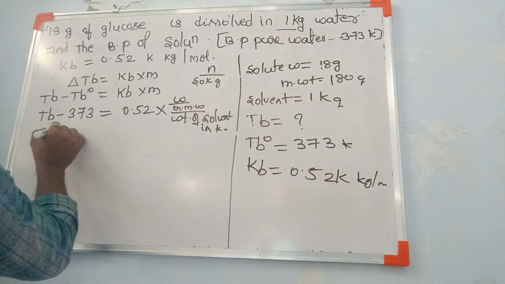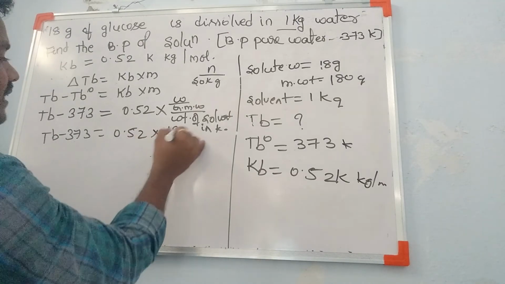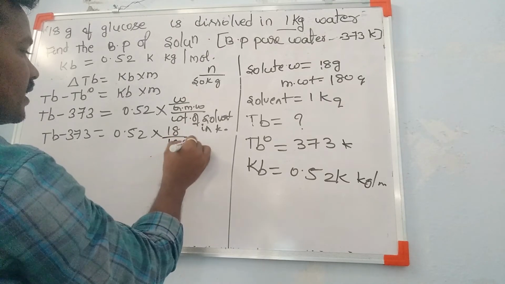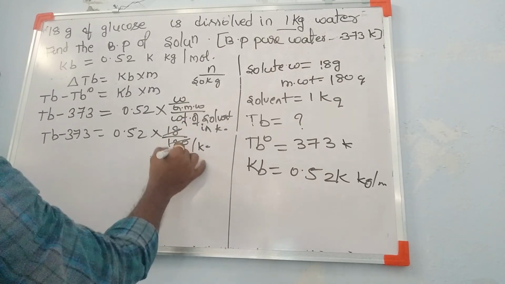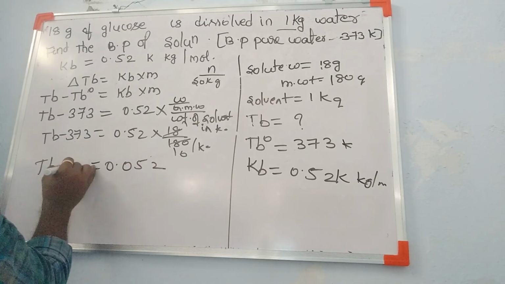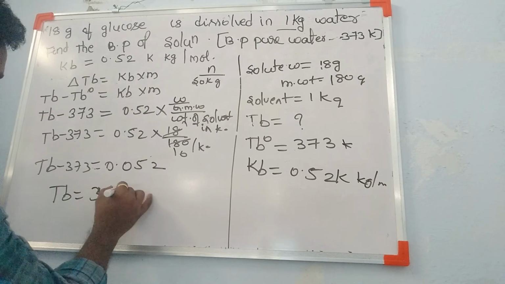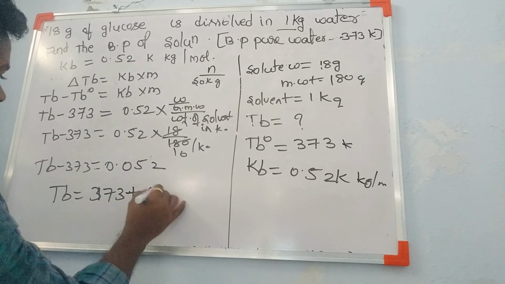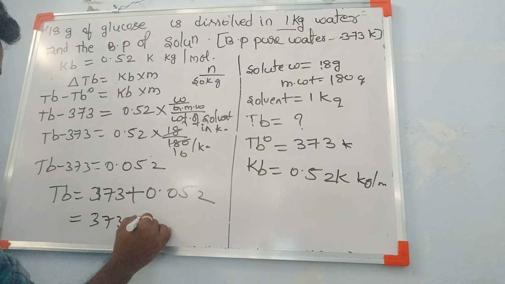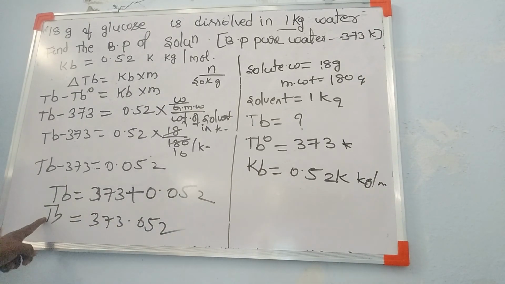So TB minus 373 equals 0.52 into 18 by 180 by 1, which is 0.052. So TB equals 373 plus 0.052, which is 373.052. This is the boiling point of the solution.